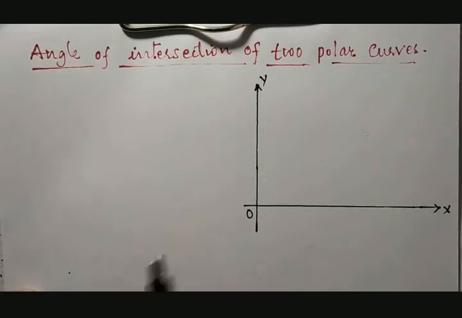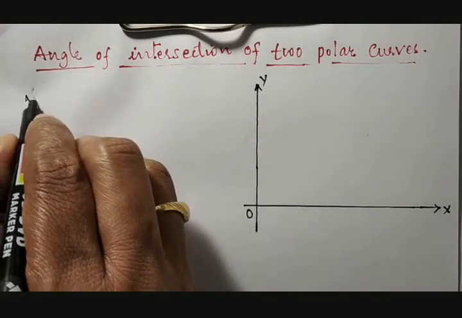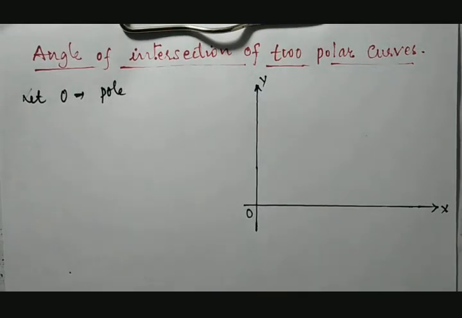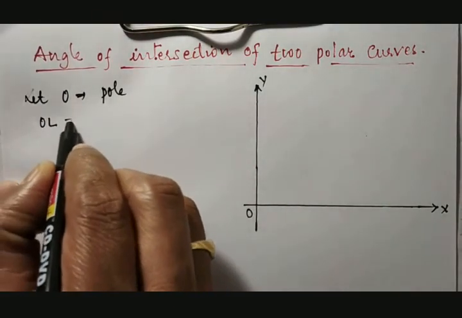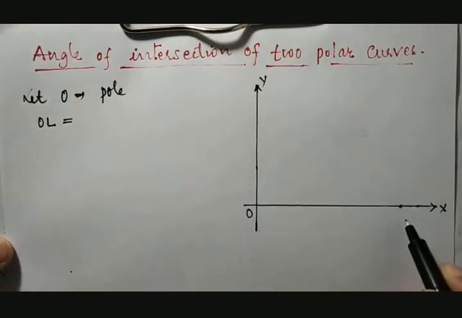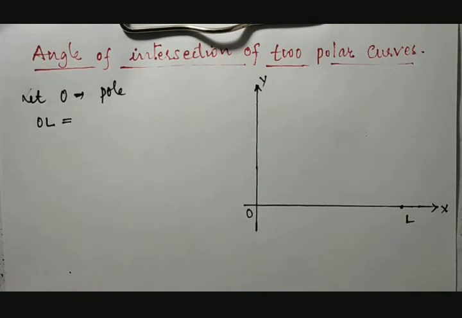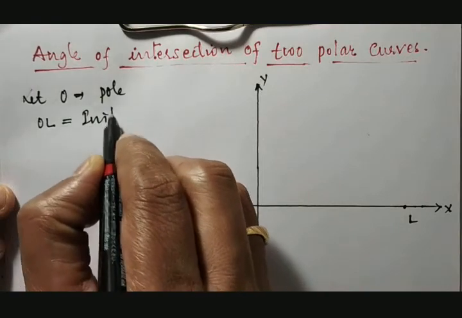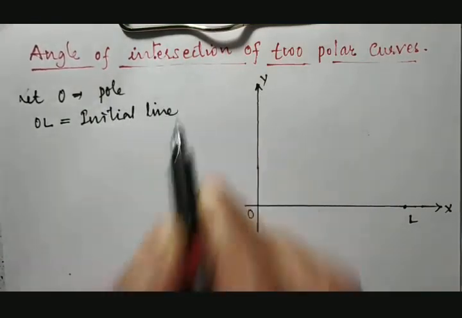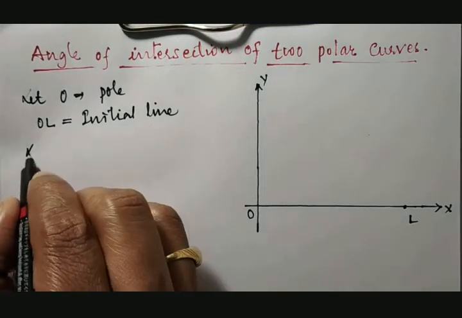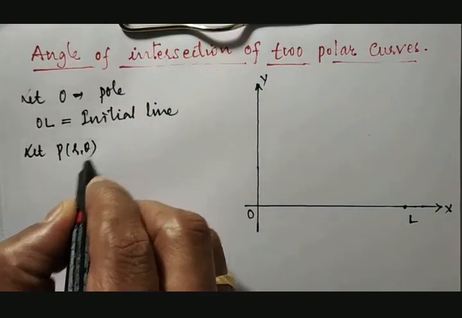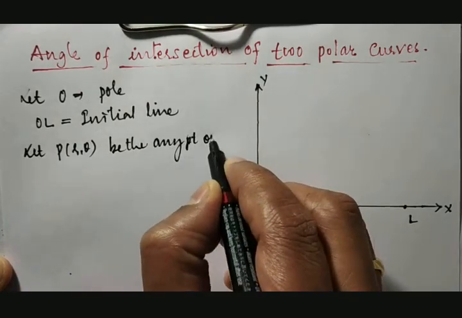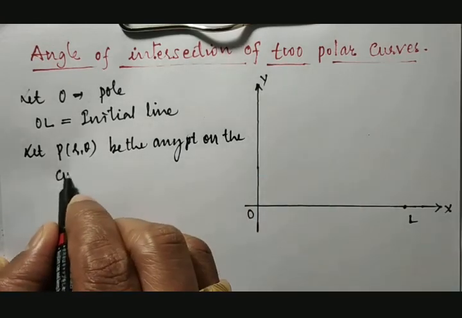First I'll be taking the basic terms. Let us take O be the pole, and OL, I'll be taking one point here, that is L. So OL is nothing but the initial line. Then let us take P of R and theta be any point on the curve.